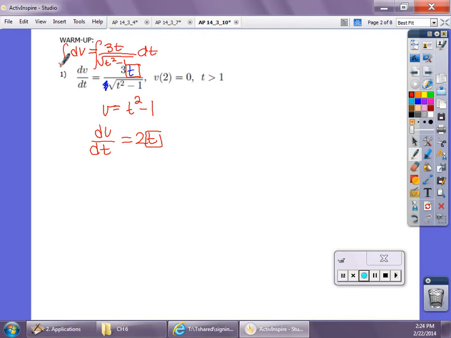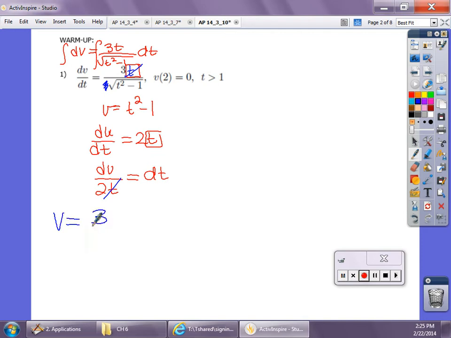There we go. Alright, so I get du over 2t is equal to dt, and just to save a little bit of space, I'll be able to cancel that t with this t. I know that the left side, the integral would be v. The right side, I would end up with the 3.